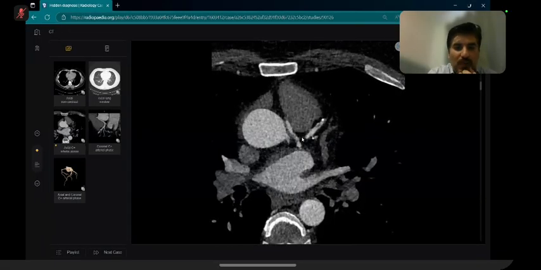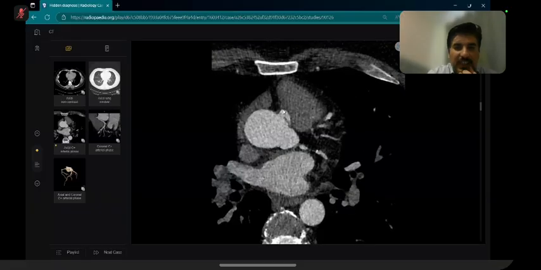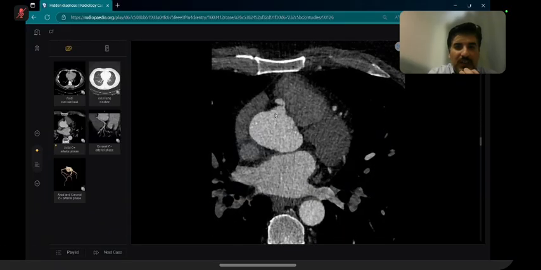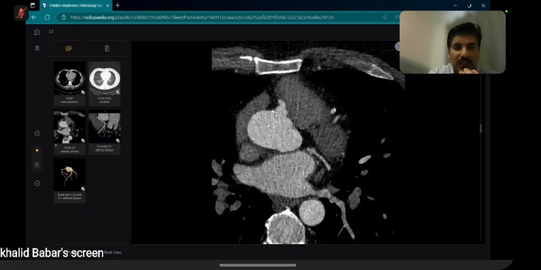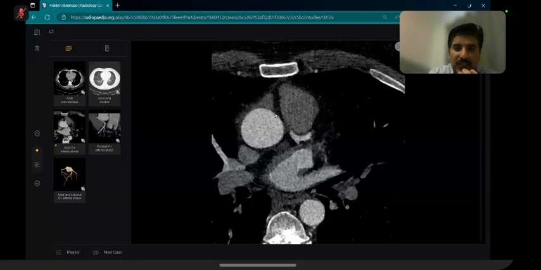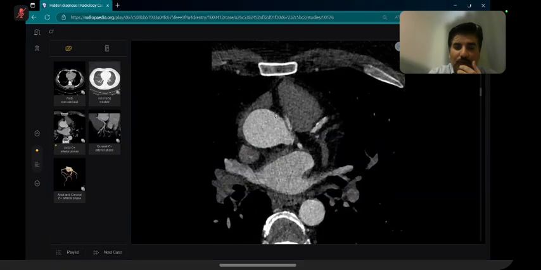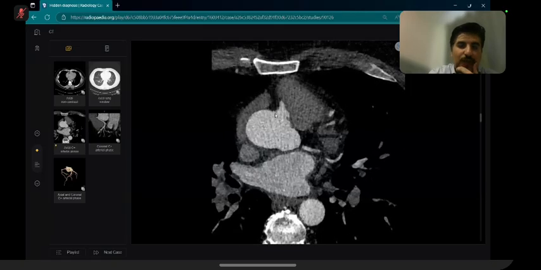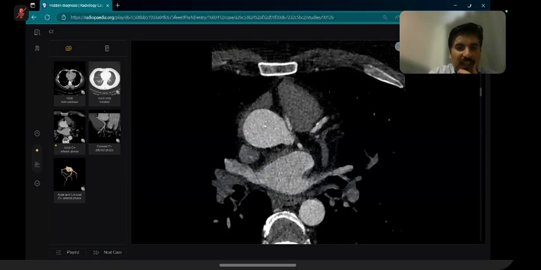They go anteriorly and join around the 12 o'clock position near the origin of the right coronary artery. So this is anomalous origin of the left coronary arteries from the right coronary sinus with a malignant course between the ascending aorta and the pulmonary trunk.